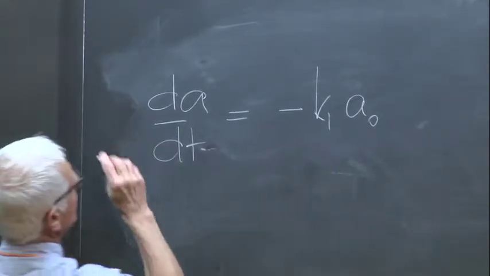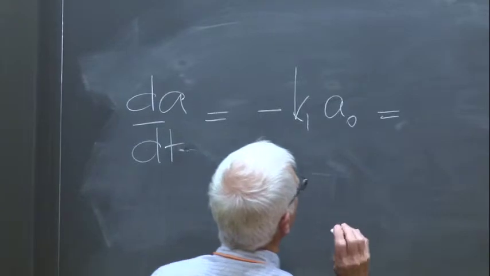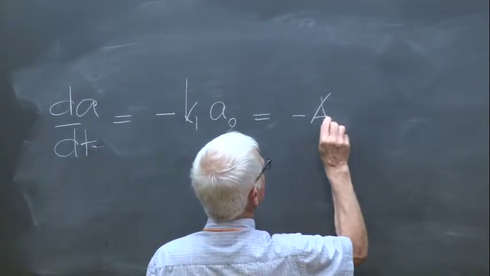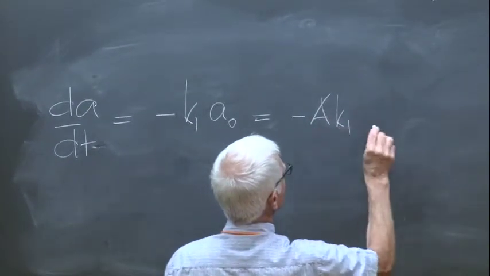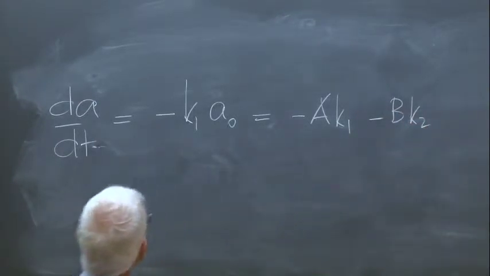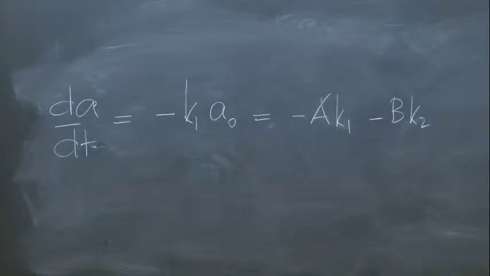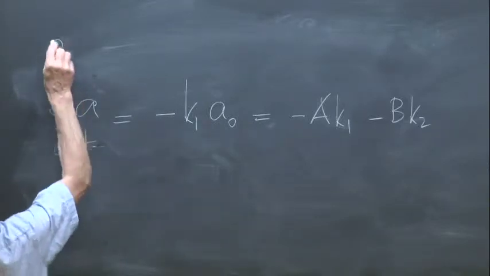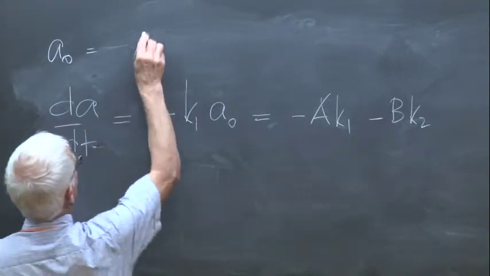That's equal to minus a times k1 minus b times k2, just differentiating those two terms there. We've also got that a naught is equal to a plus b.